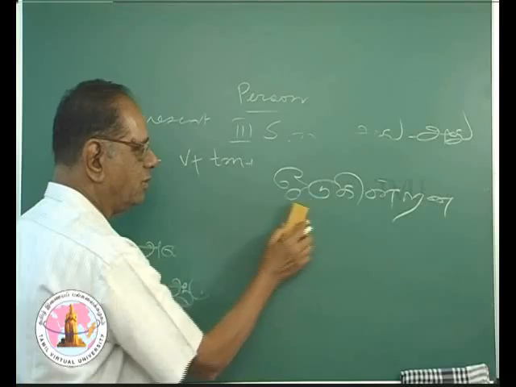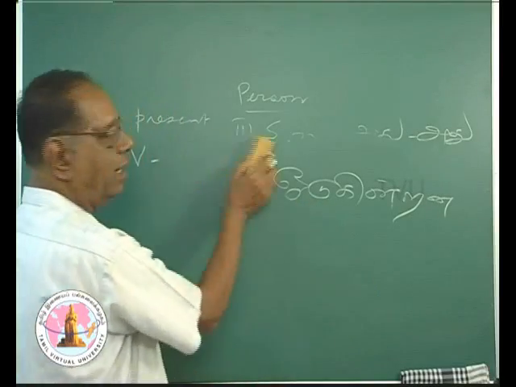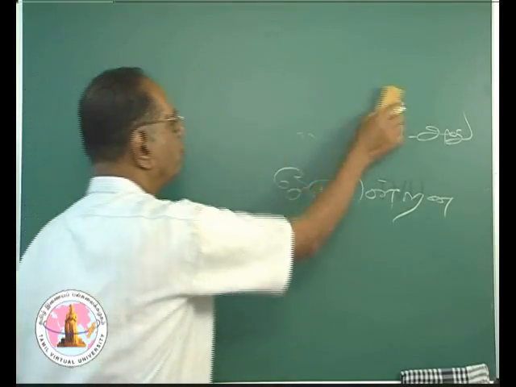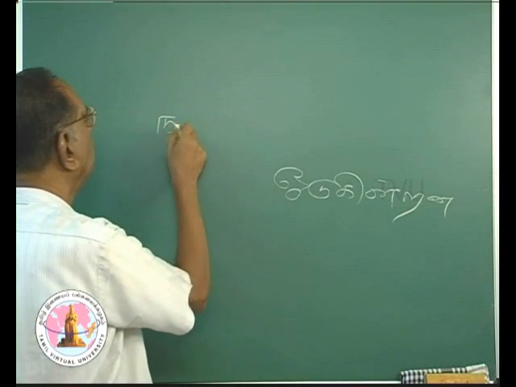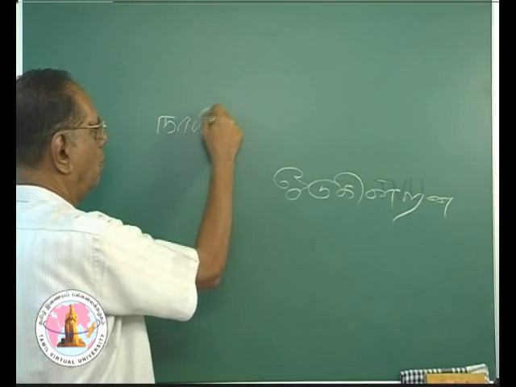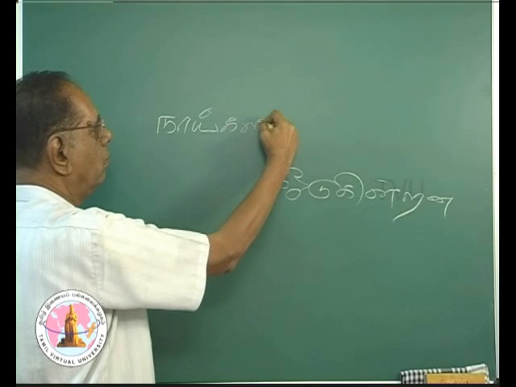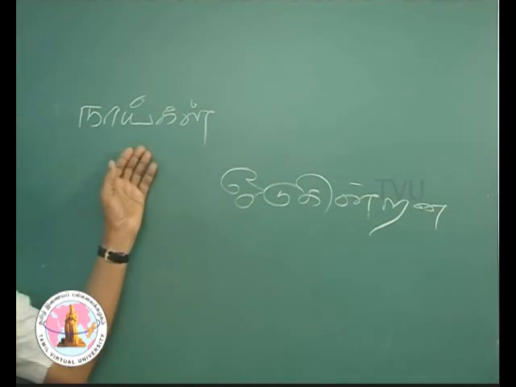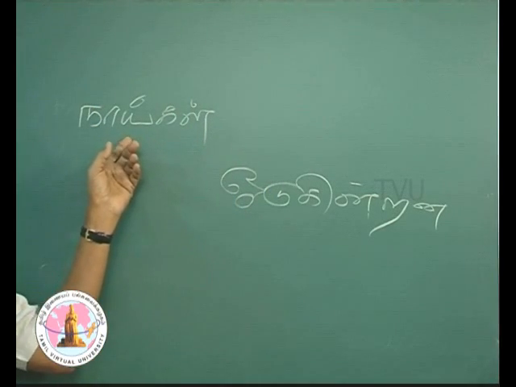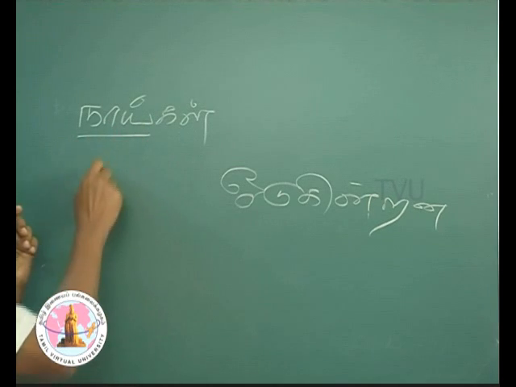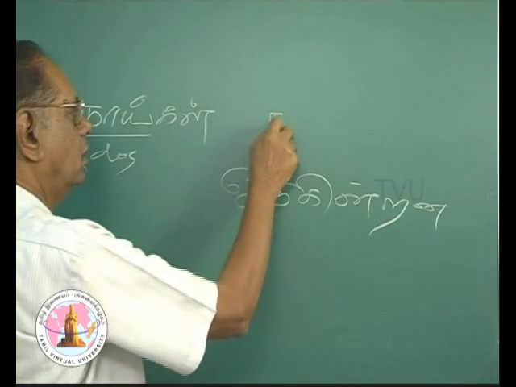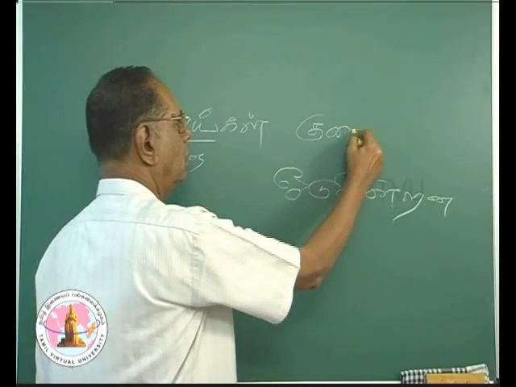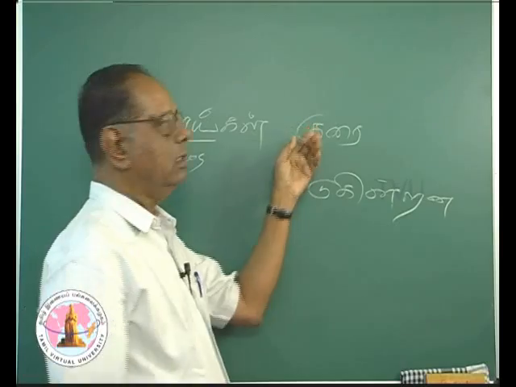We shall make use of this opportunity and learn a few more verbs. நாய்கள். You know what நாய் is? A dog. நாய்கள், what do? They bark. குரை is to bark.